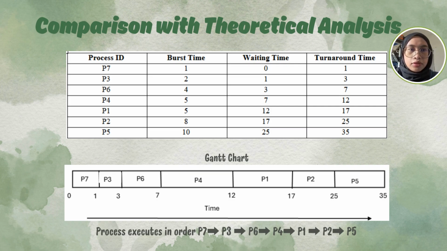And next is P3 with burst time 2. Next is P6 with the burst time 4. And P4 has 5 burst time. And next is P1, same as P4 with 5 burst time. And next is P2 with burst time 8, and lastly P5 with 10 burst time.